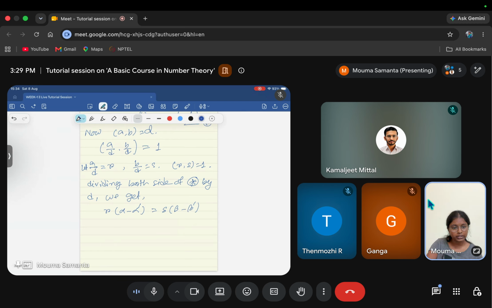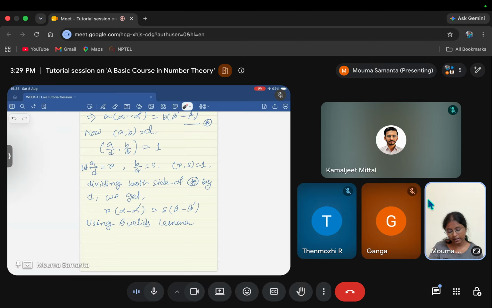Now use Euclid's lemma. We have GCD of R and S, this is 1. Therefore using Euclid's lemma, what we can say? Tell me. If GCD of R and S equals to 1, so R times alpha minus alpha prime equals to S times beta minus beta prime, what will it imply?